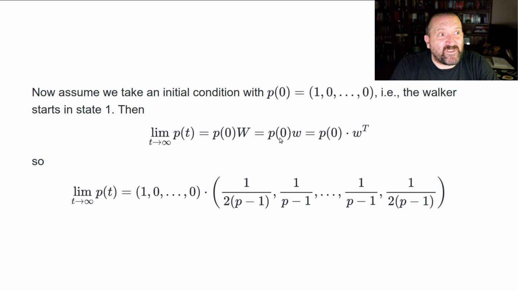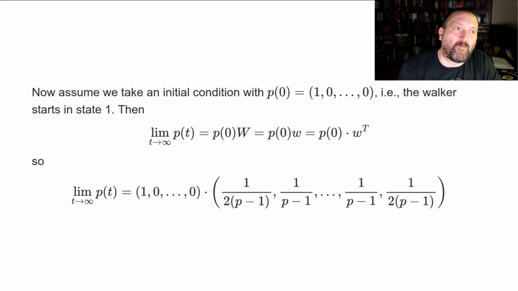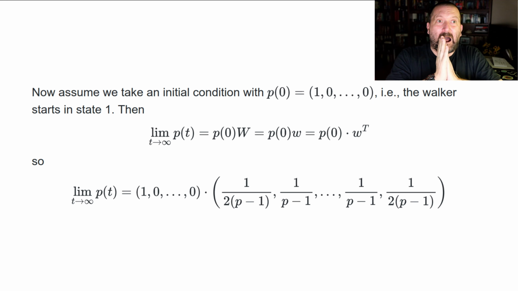And if I wanted to say, for instance, what happens if I start with probability 1 in state 1, so that I am always in state 1 at the beginning, then I would compute the limit by just taking p of 0 times W, and so I would get something like this.